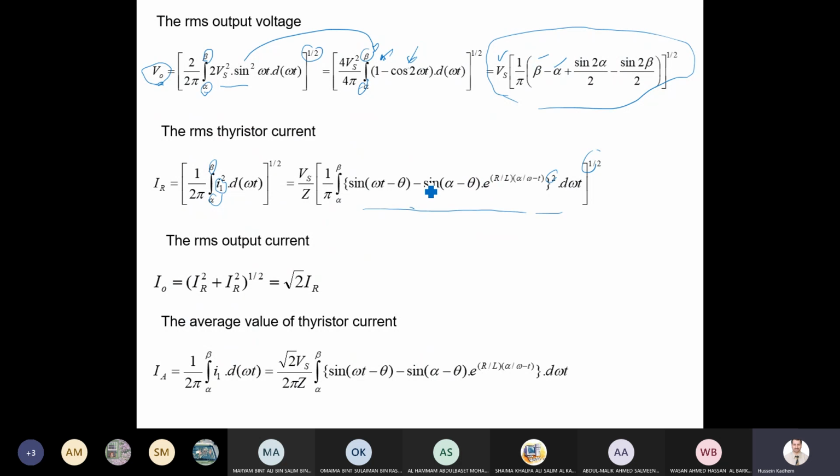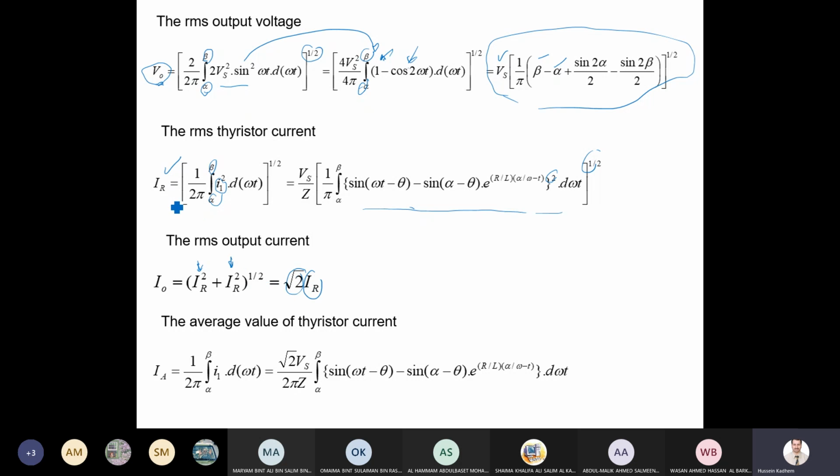We need to solve it using numerical methods, either by software, MATLAB, or any other software. So for the RMS output current, we have two thyristors, right? So IR for the first thyristor and for the second thyristor, squared and square root, which gives me square root of 2 times IR.